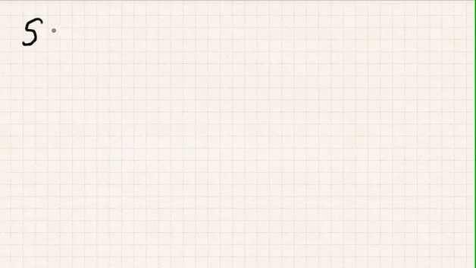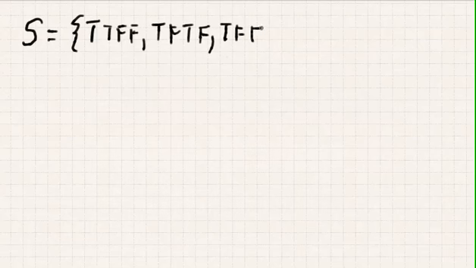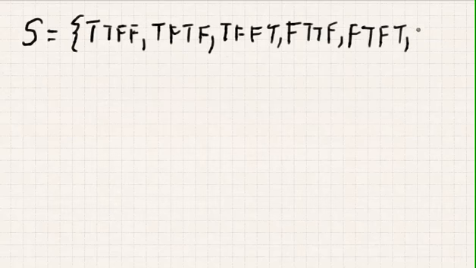We're going to assume that any arrangement of the answers is equally likely, so our sample space is going to consist of this. The first 2 could be true and the second 2 false, or the first and the third could be true and the other 2 false, or the first and the last could be true and the other 2 false, or the first could be false and the second and third could be true, or the second and fourth could be true, or the third and fourth can be true.